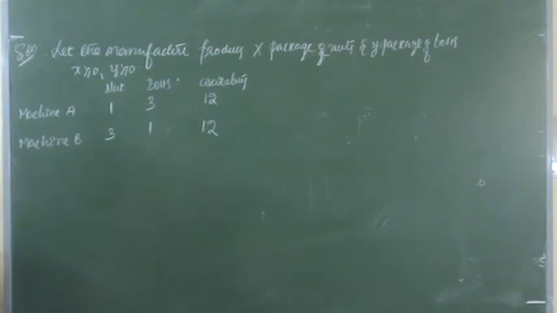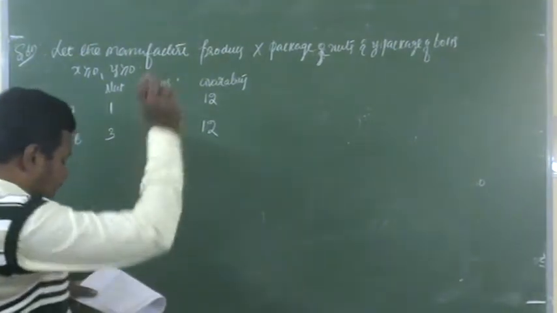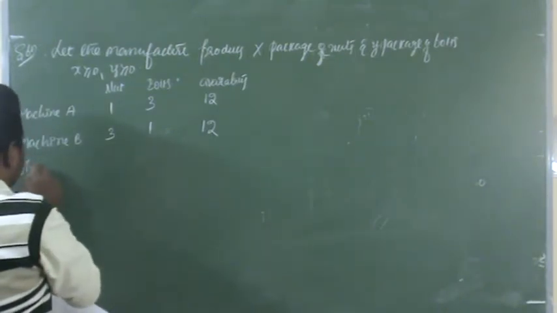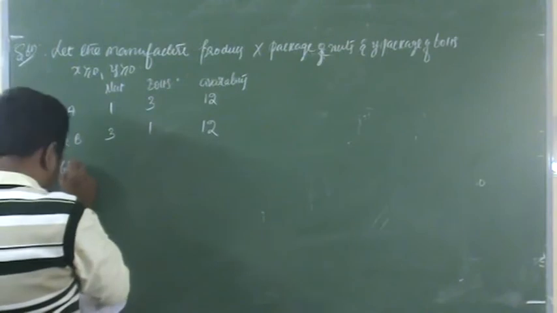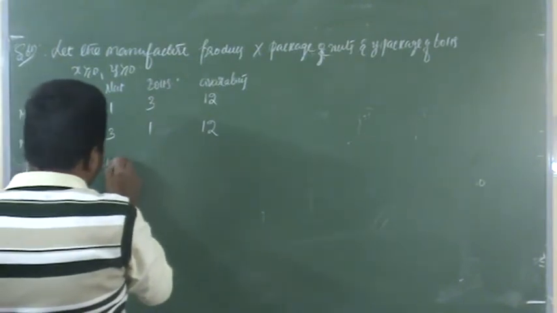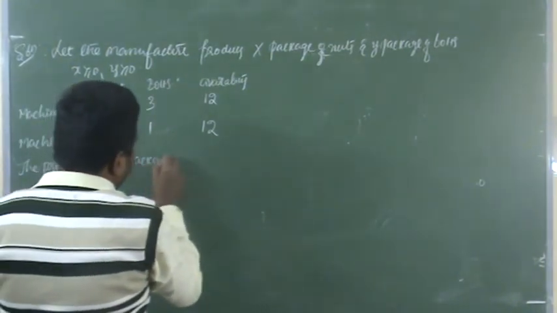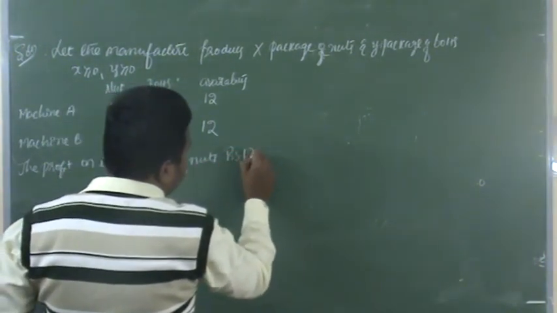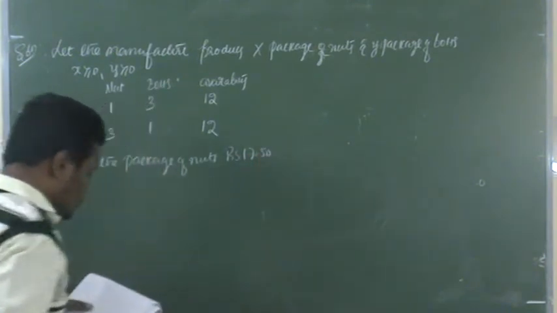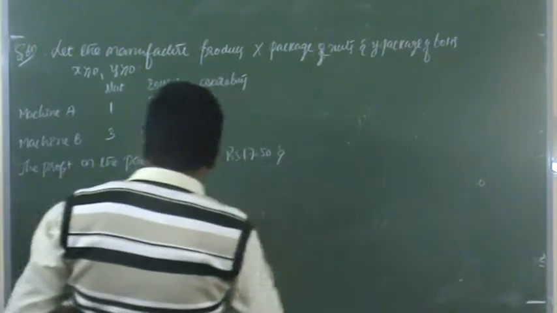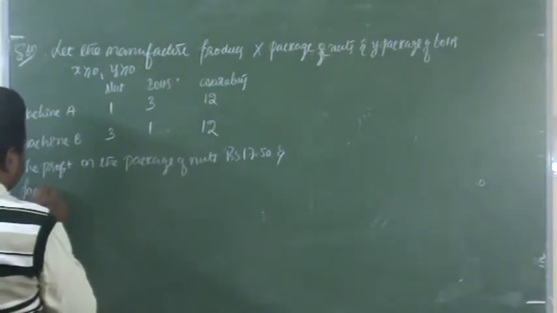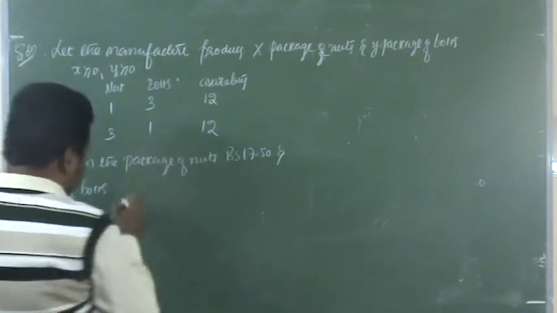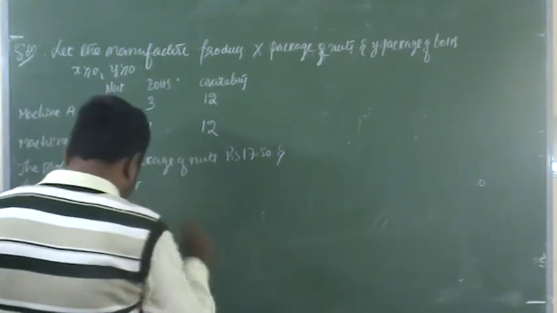And the profit on a package of nuts is rupees 17.50 and on a package of bolts is rupees 7.